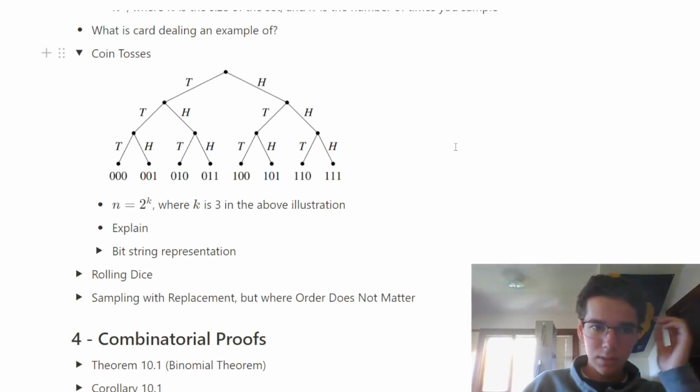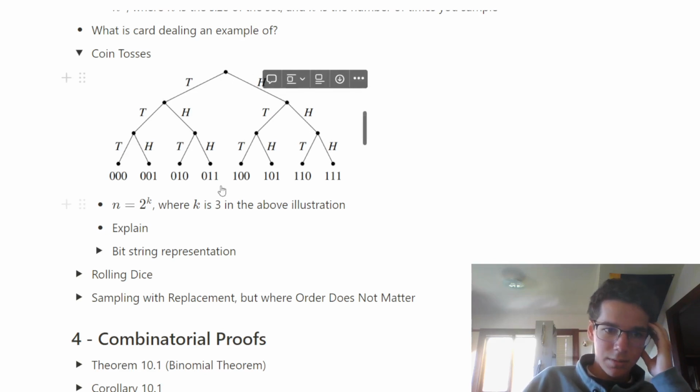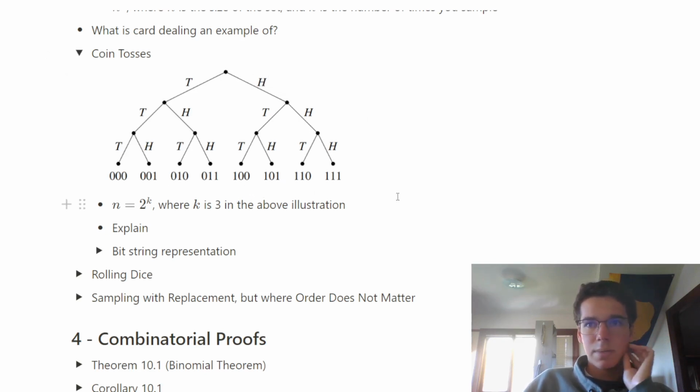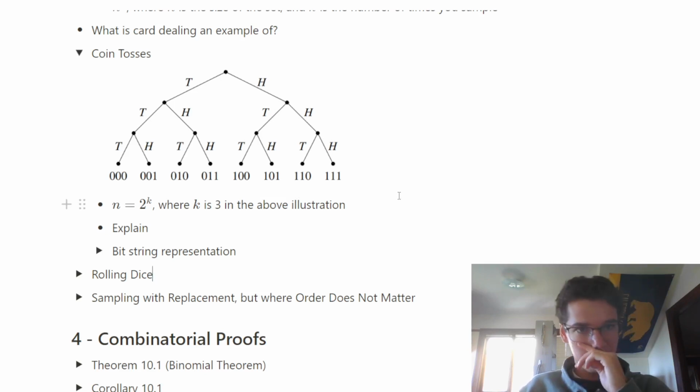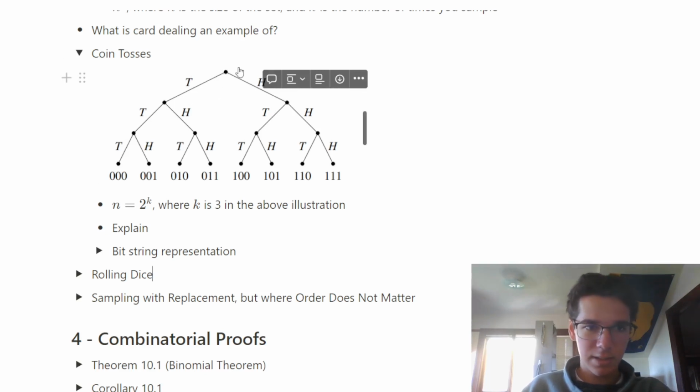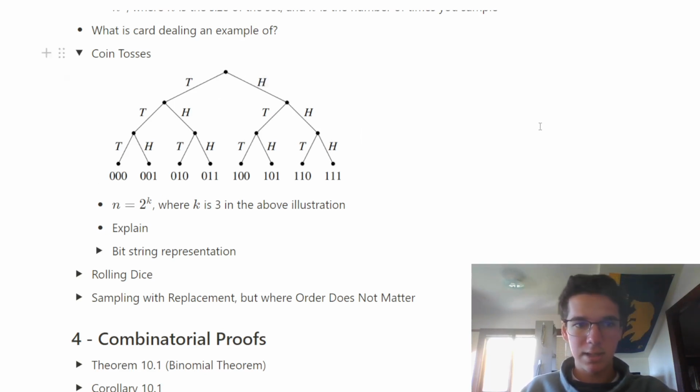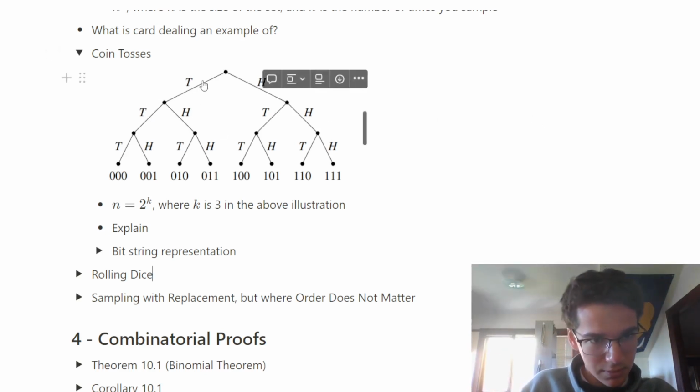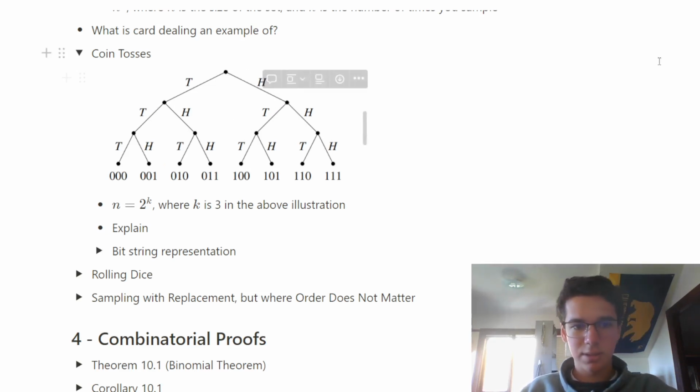Say we want to flip a coin 3 times, and we want to think about all of the possible combinations of heads and tails that we can generate. We could get tails 3 times, or tails twice and then a heads. In this case, the order does matter, because tails, tails, heads and heads, tails, tails are considered different.